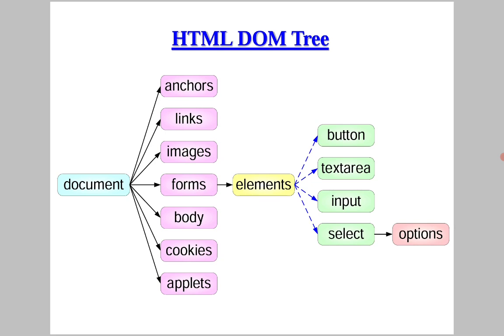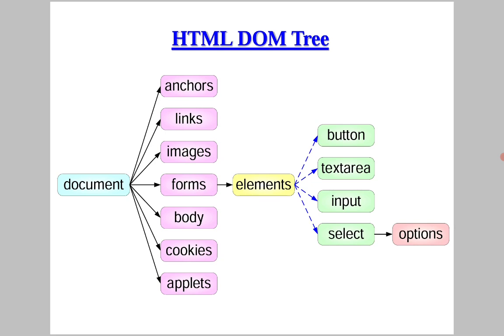All these components are called HTML elements, individual elements, and each element has its own properties or HTML tags, like buttons, text area, input, select, and so on.